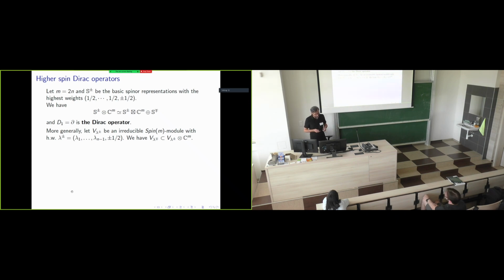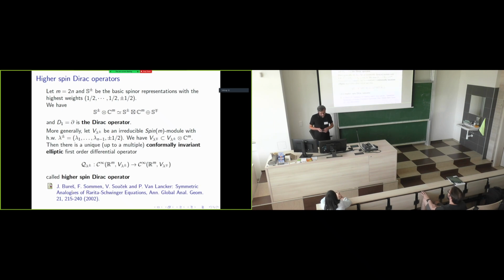This construction, this example can be generalized in the following way. Let V lambda plus minus be an irreducible spin module with highest weights lambda plus minus with arbitrary first m minus one terms, and with the last term plus or minus 1/2. Then the tensor product with the defining representation contains the piece with the highest weight with the opposite sign.